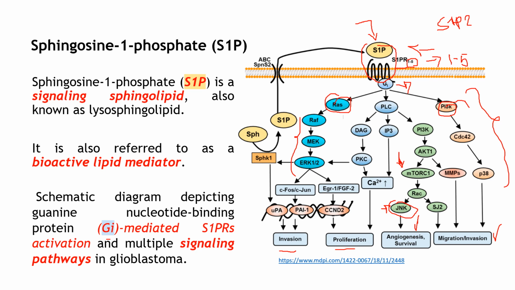And you will see some processes that are important in different types of cancers. So it's not a surprise that this has a G protein and that here it could be involved in RAS, in TOR, in the JNK pathway. Here, the MMPs. Again, all friends that with time you will start memorizing.